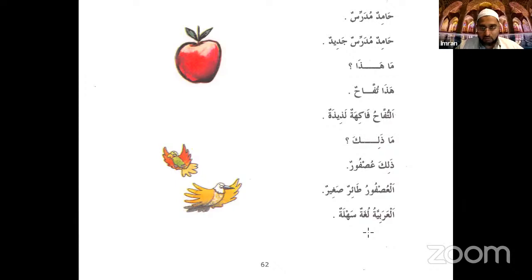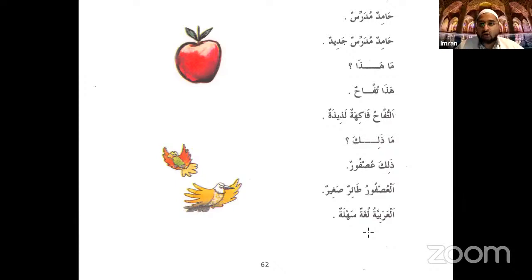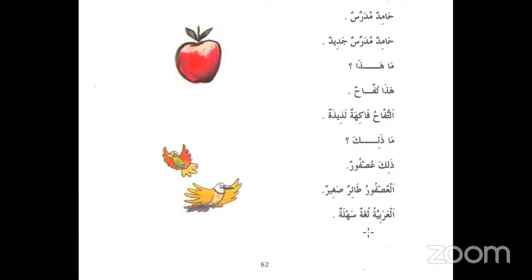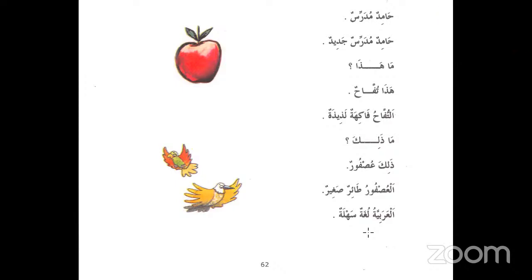And lughatun is mubtada? No, Al-Arabiyatu, with the alif lam, is the mubtada, the Arabic. Lughatun is the khabar. So what is sahlatun?